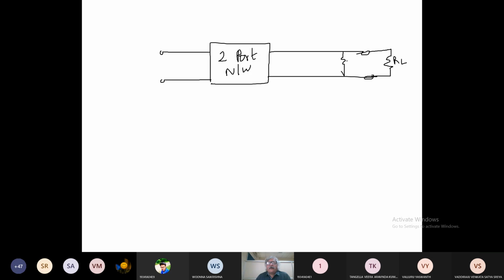We have connected this one resistor R, and this resistor is connected only to the output port. So the analysis of this circuit is very easy. Simply these are connected in parallel. RL and Z are connected in parallel.